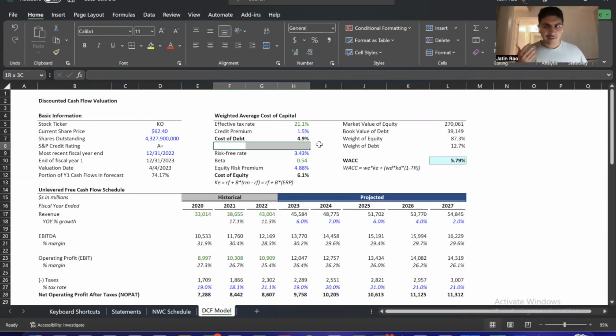But the more theoretically solid way of calculating cost of debt or calculating the expected return on debt is, just think about this. If you are a debt investor, you can invest your money into risk-free U.S. government treasury securities at the risk-free rate. So right now that risk-free rate is 3.43%. It probably changed today, so I'm going to change that. But let's just say that it's 3%. You can invest in risk-free securities and you can get a 3% return.